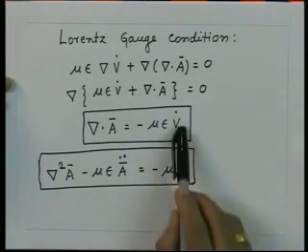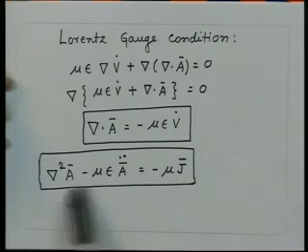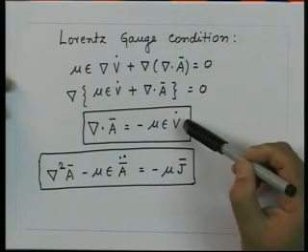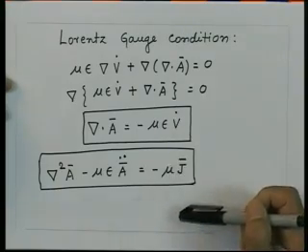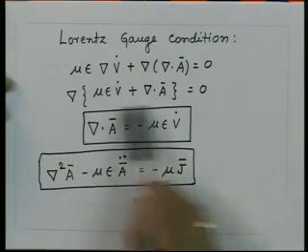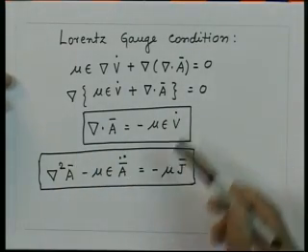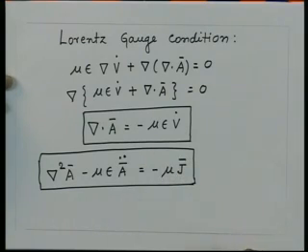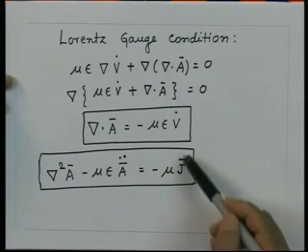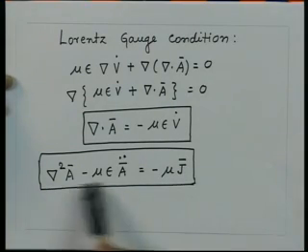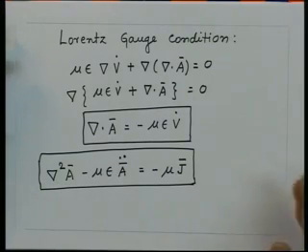By substituting this, we got an equation which is the same as the wave equation. We also put forward the logic for choosing this condition: the equation reduces to the wave equation, which, when the sources are 0, that means when J is 0, gives the wave equation in the source free medium.